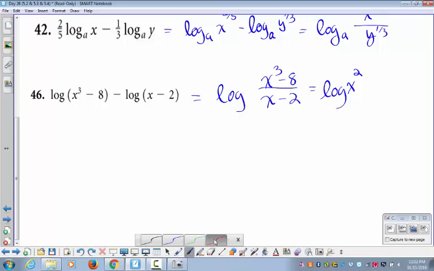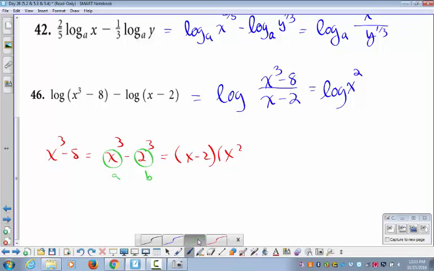So let's just come over here and write the x cubed minus 8 out. We're going to think of that as x to the 3 minus 2 to the 3. So it's going to be x minus 2 multiplied by x squared. And what's the middle term going to be? What would that middle term be if we use that pattern? Plus AB. This is acting like A, this is acting like B. The minus is not part of B. B is just that.